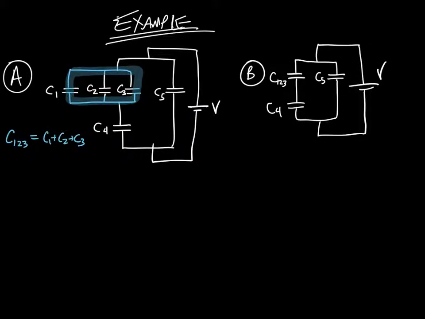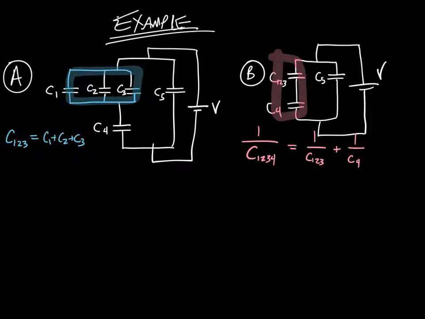But before I can deal with C1, 2, 3, and C4 in parallel with 5, I need to deal with C1, 2, 3 as a series. And the series formula that we just worked out says that 1 over C1, 2, 3, 4 will be 1 over C1, 2, 3 plus 1 over C4.